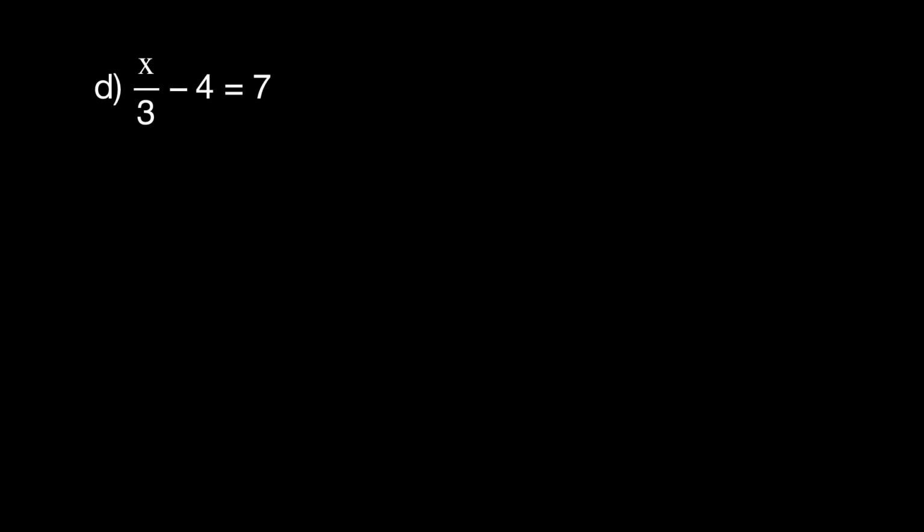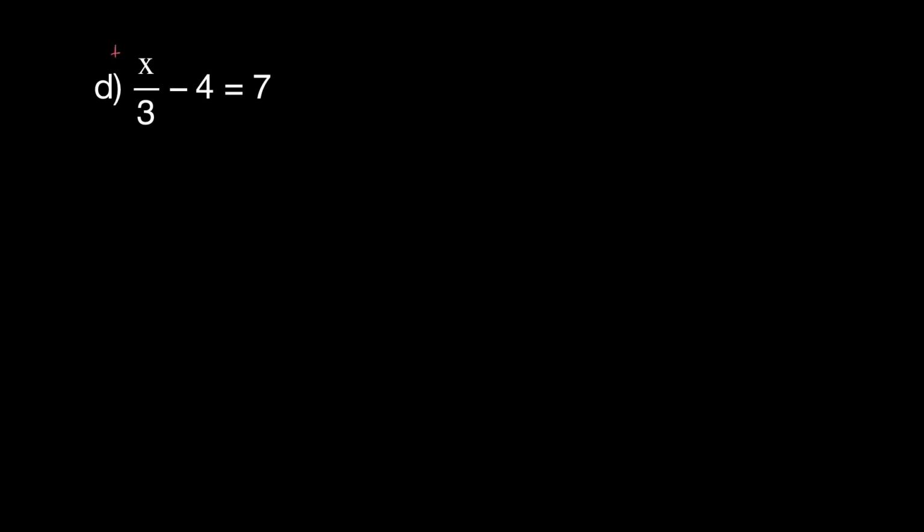Okay, the last one. This one again is pretty tricky. There are some simple errors people can make with this one. You can multiply both sides by 3 to begin with, but sometimes people miss out multiplying this by 3. With these, you can do them a number of different ways and still arrive at the correct answer.